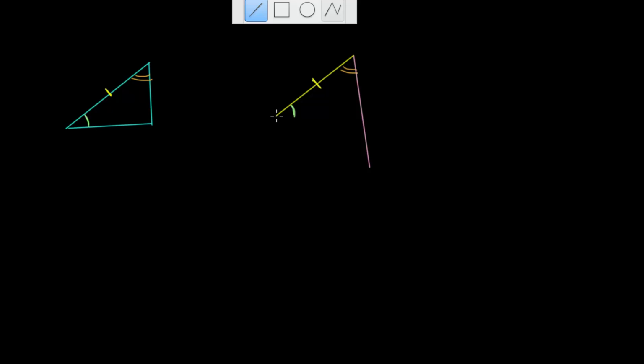Likewise, this line segment here could be any size, but it has to be at this angle here, so we can imagine drawing this as long as we want. What you'll see is that these two line segments meet at some point here. There's only one way to actually draw this triangle, and that's where these two line segments meet.